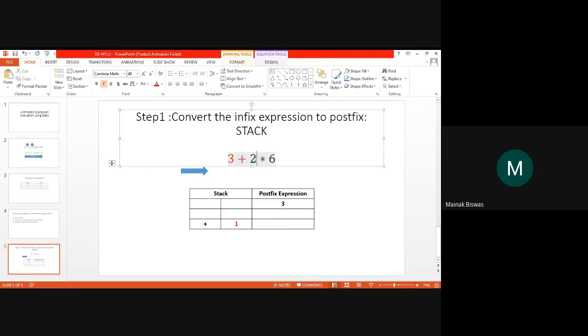Now the next element we see is 2. It is an operand, so we add it to the postfix expression.